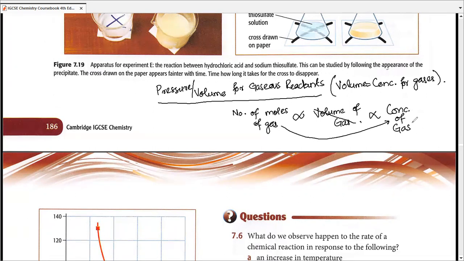And we have already studied concentration of a reactant: the higher the concentration of a reactant, the faster the rate of reaction. Which means, if I rewrite it, more number of moles of gas, higher concentration of gas, and of course, faster rate of reaction. Make sense?